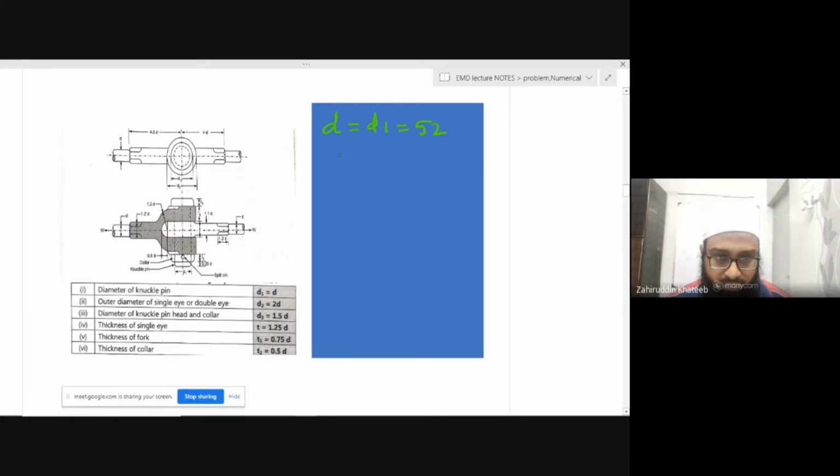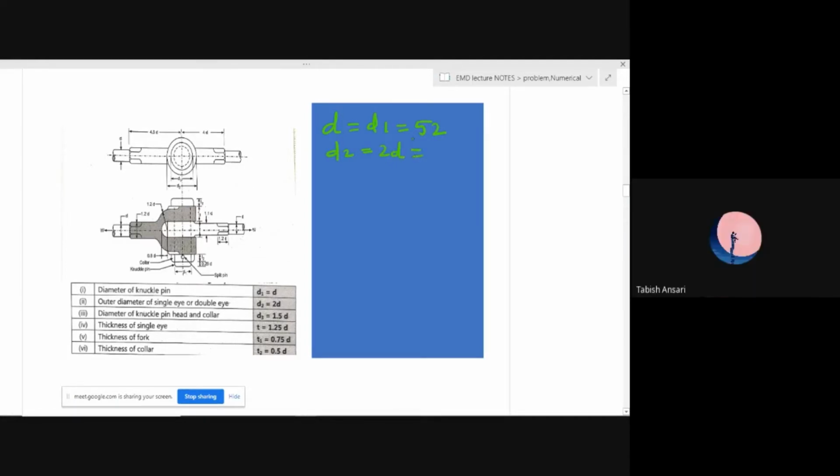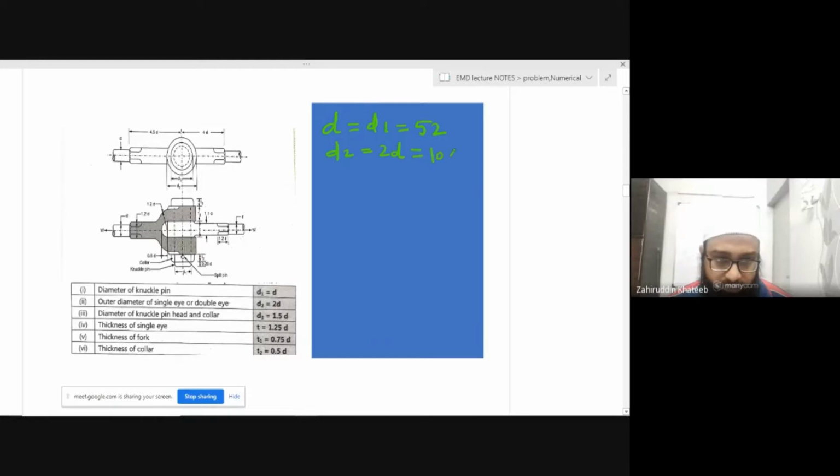Next is d2. d2 is equal to twice of d, so it is equal to 104. Then d3 is equal to 1.5 times d, so it is equal to 78 mm.